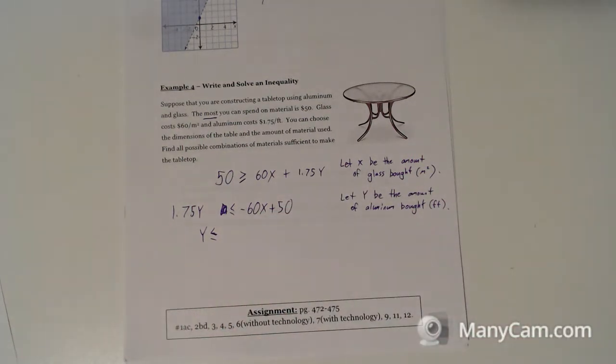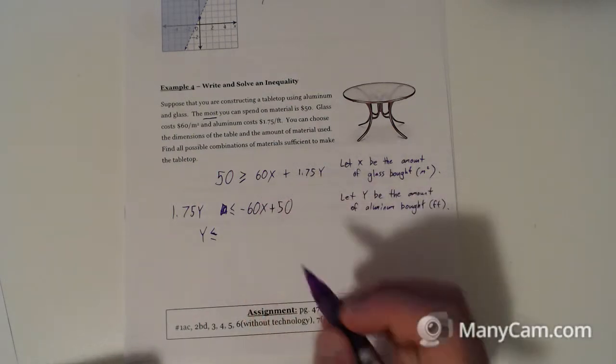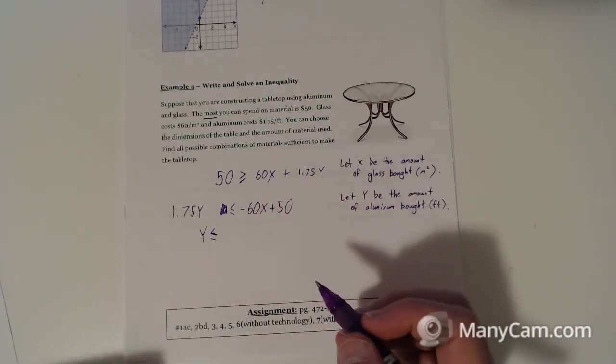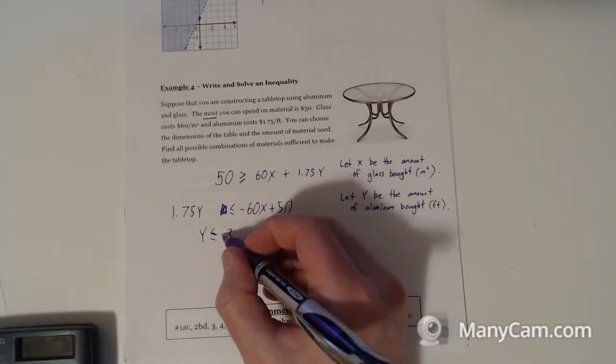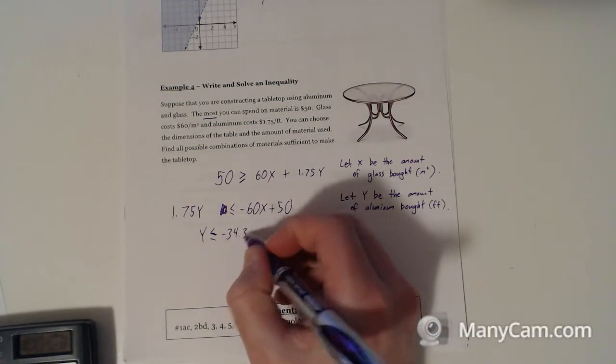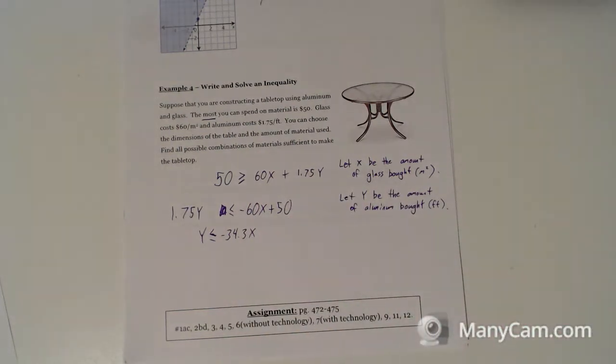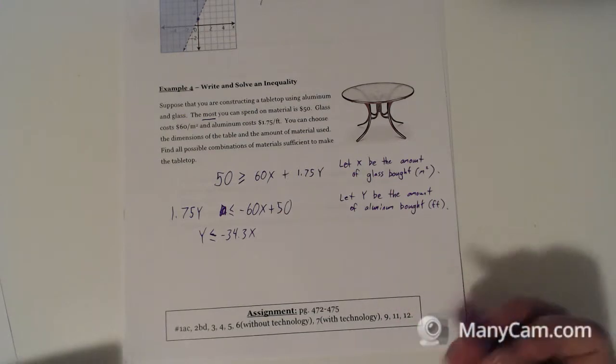And I would need a calculator for that. Do I have one here? I get 34 point, well, let's just do one decimal, 34.3, negative 34.3x and 50 is 28.6.